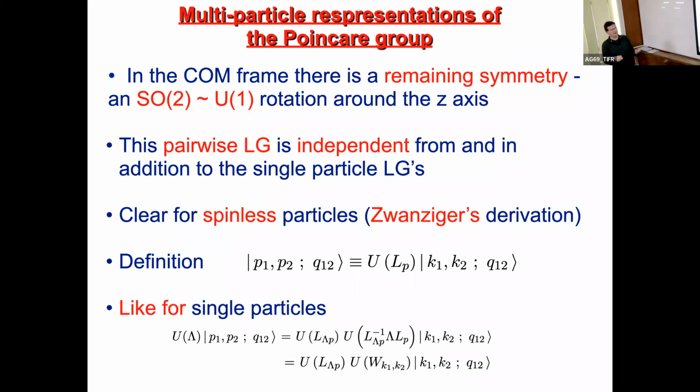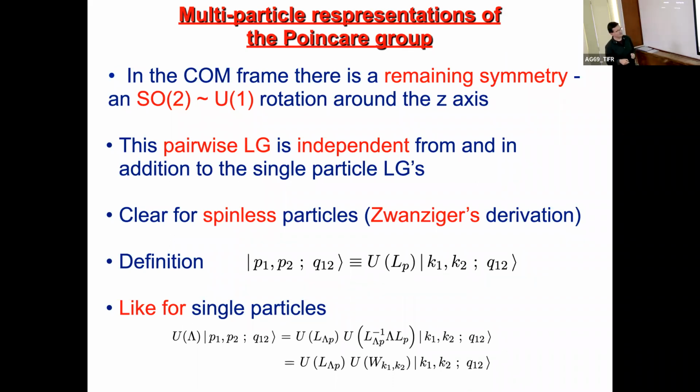It's pretty clear in this spinless case, because I assume that there are no individual little groups, I mean, that they are represented trivially, yet I can still choose a representation for a rotation. And this rotation is not any of the little groups of these. It's referring to a completely different frame. It's a different choice, and you can choose this independently from the spins or helicities of the single particles.